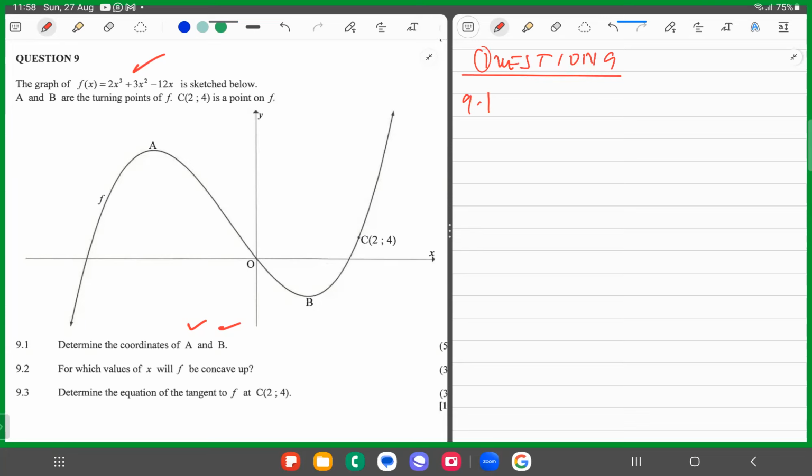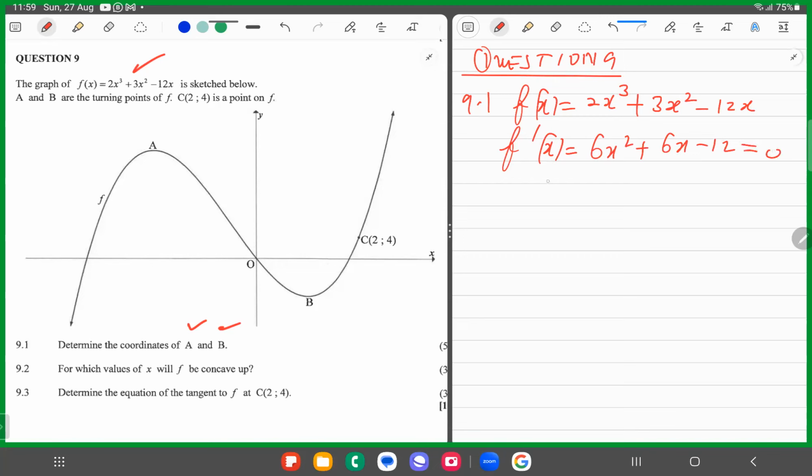Right, so in 9.1, we find the derivative of this. So first we have it. So you find the prime. Right, and then now this derivative must be equated to 0.